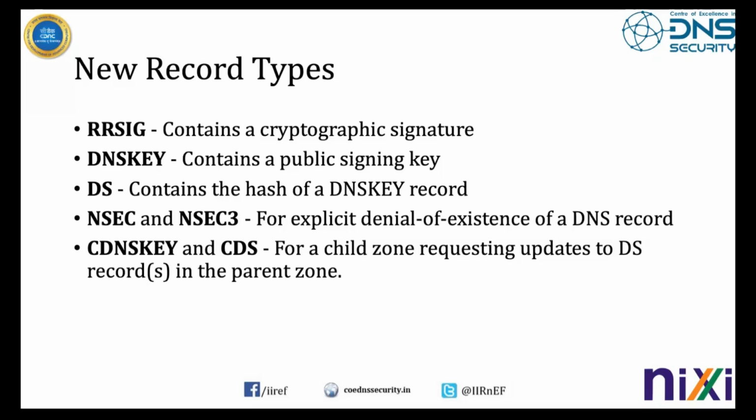So whenever a domain does not exist, it returns the next domain in the alphabetical order which is present in that zone file. For example, if I ask for drive.cdac.in, it is not there. So whatever is next in the alphabetical order, suppose mail.cdac.in is there, that record it will sign and send to me. So that is for denial of existence of a DNS record.